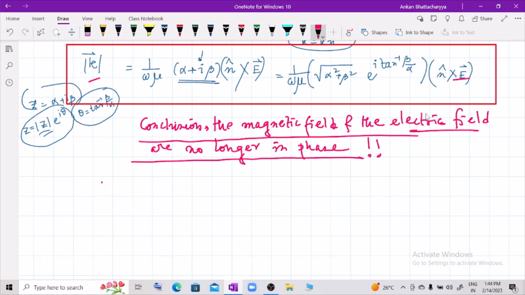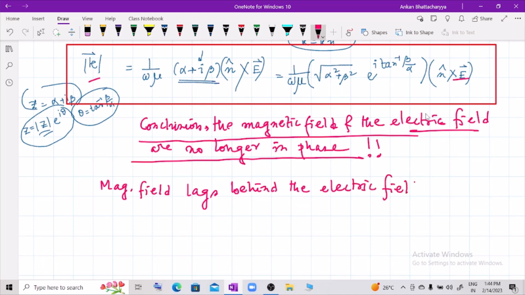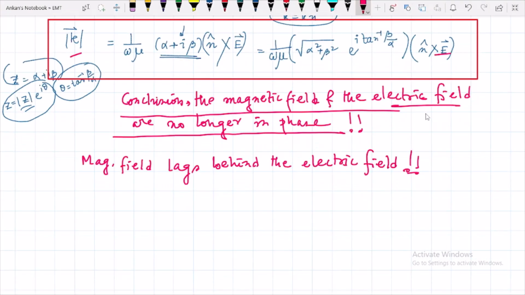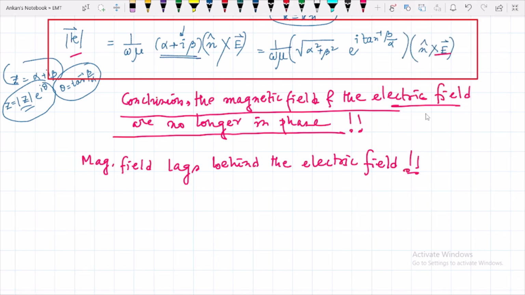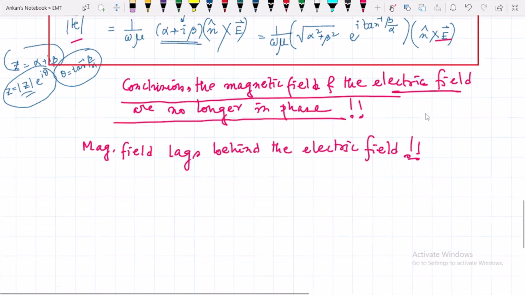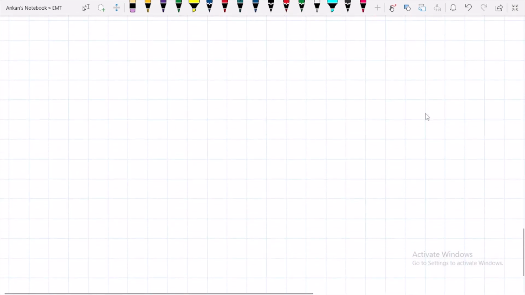but the magnetic field lags behind the electric field. So if I'm going to show you by graphical method, let me show you by graphical method.